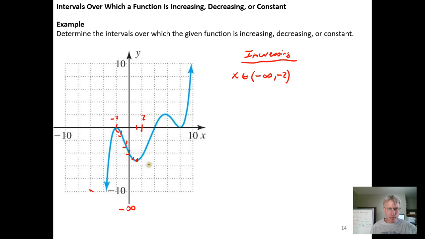And I'm going to need to estimate that. So as we run on the interval from -2 to about there, the function is descending or decreasing. So I'm going to say the function is decreasing.